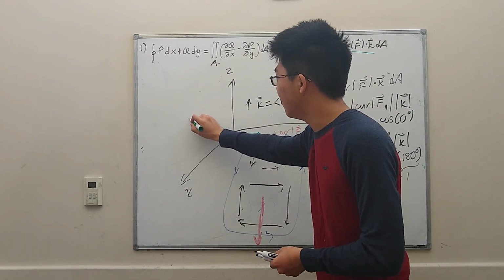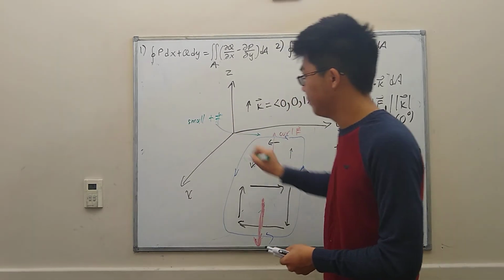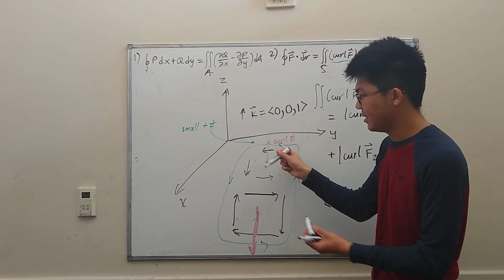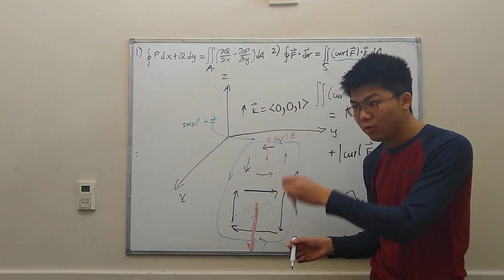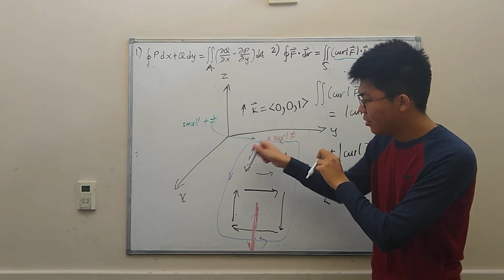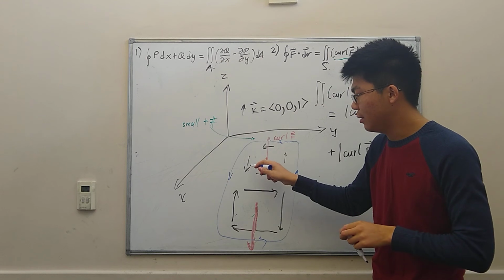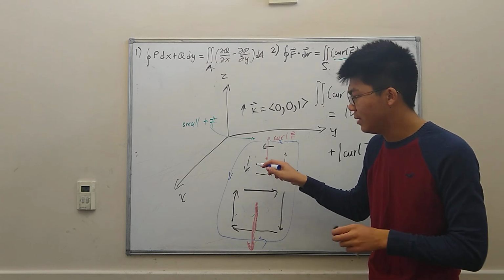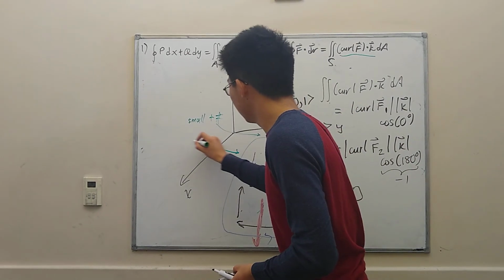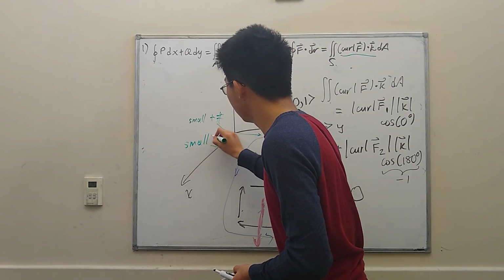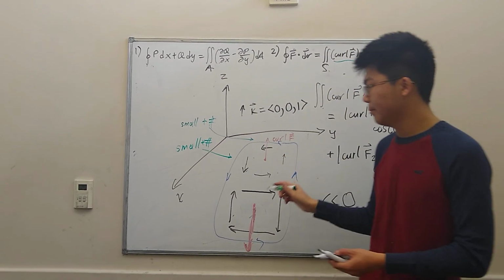So we have a small positive number. In this case, your vector field f is pointing downward. And your dr vector is also pointing in the same direction. So this is going to turn out to be, yet again, a small positive number.